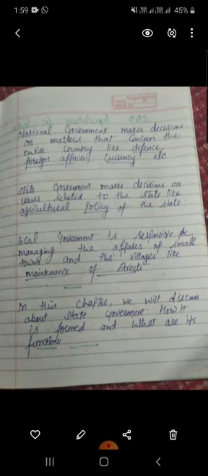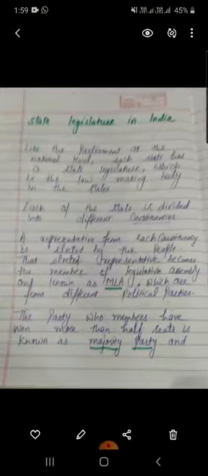The national government makes decisions on matters that concern the entire country, like defense, foreign affairs, currency, etc. The state government makes decisions on issues related to the state, like the agriculture policy of the state, whereas local government is responsible for managing the affairs of small towns and villages, like maintenance of streets, parks, etc. In this chapter, we will discuss the state government, how it is formed and what its functions are.